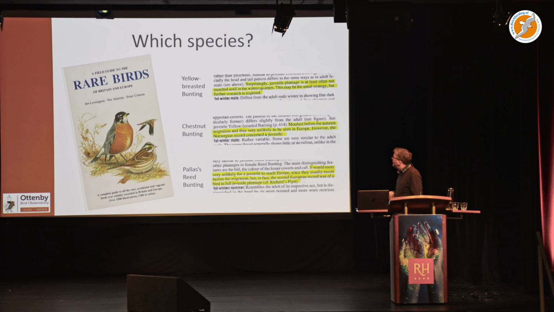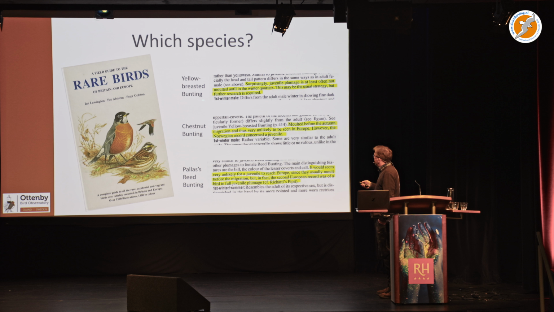So, okay, which species are actually behaving like this? Well, to start with, already in 1991, when Per Hellström and colleagues published the book Rare Birds of Britain and Europe, he makes a few very interesting notes about 3 different buntings.